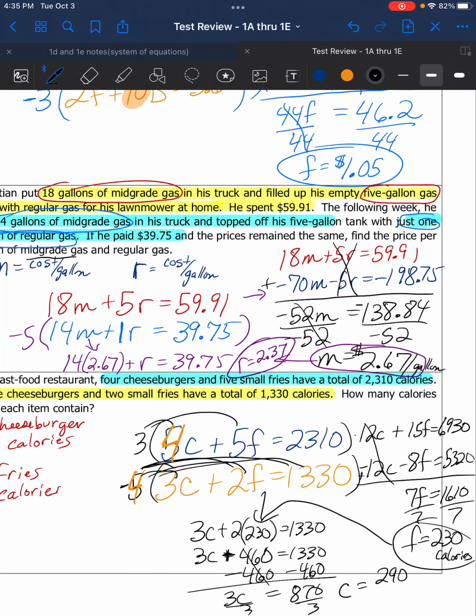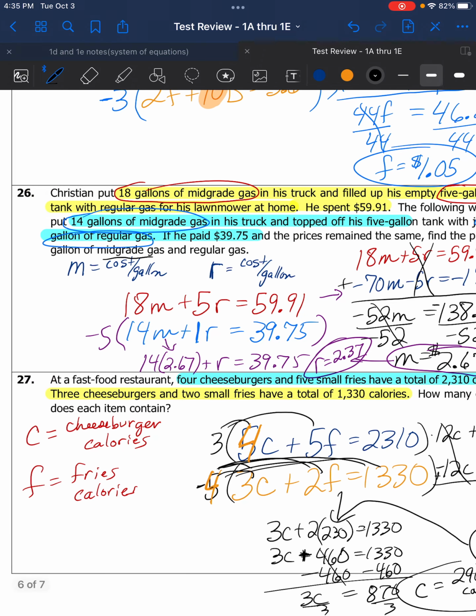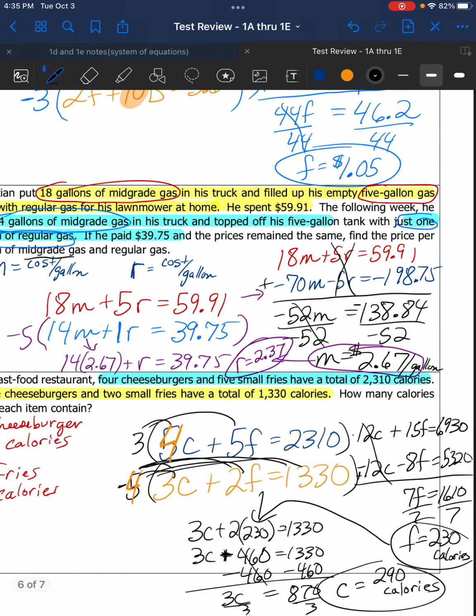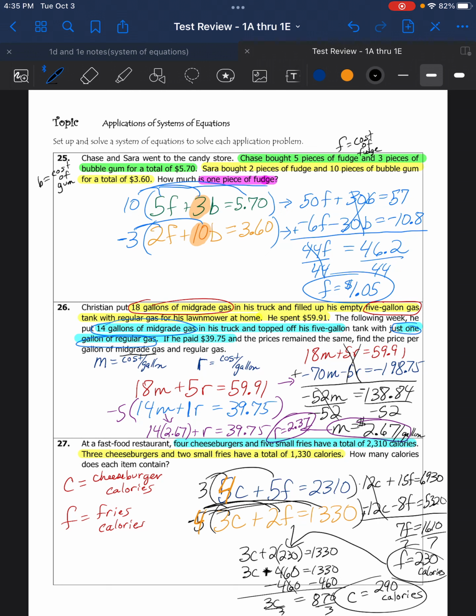Each cheeseburger is 290 calories. And that's what it's asking about: how many calories does each item contain? Yes, there we go. All right. Hopefully you have any questions. Please come to advisor.